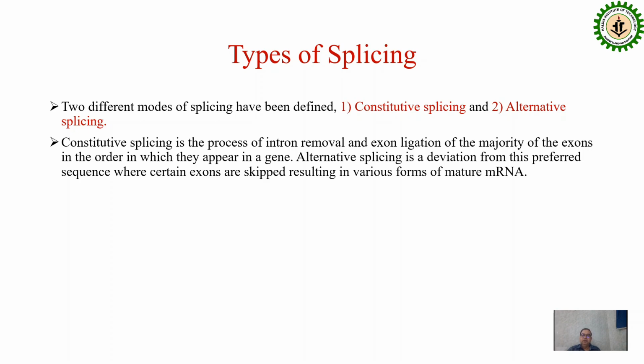But another type is alternative splicing, where there is deviation from constitutive splicing, and this is very important to make different types of proteins. Alternative splicing plays a very important role in evolution. We can also analyze alternative splicing for cancer variants.